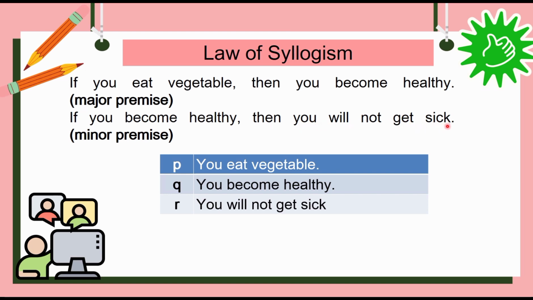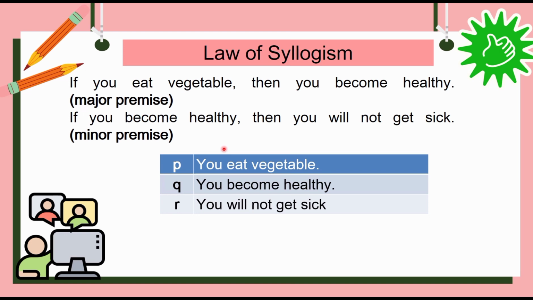Okay. So, let us analyze if our major premise and our minor premise are both true. If you eat vegetables, then you become healthy. That is correct. If you become healthy, then you will not get sick. That is also true. Now, from that, we can create a conclusion.